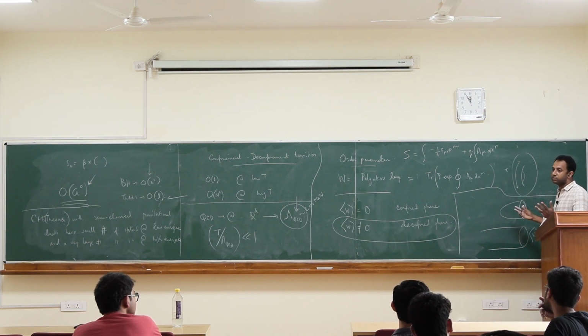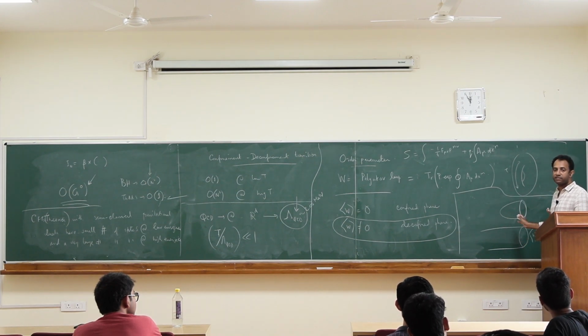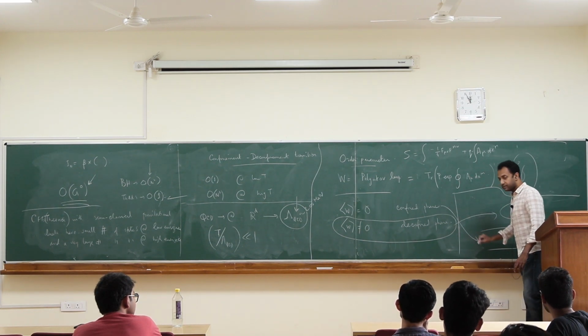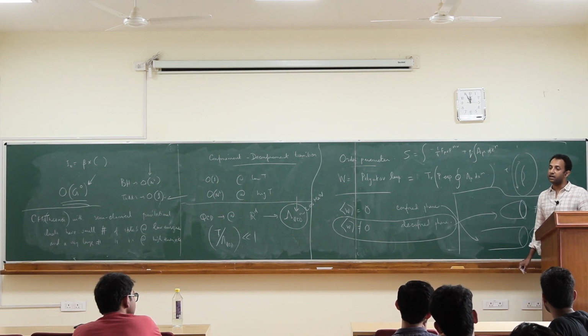So the expectation value should actually be 0. You can make it more precise, but even just qualitatively, everything is clear. Here, on the other hand, you expect it not to be 0. That's related to the fact that this is the deconfined phase, this is the black hole, and this is the thermal AdS where it's confined.